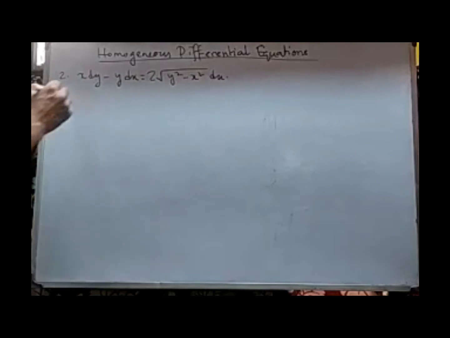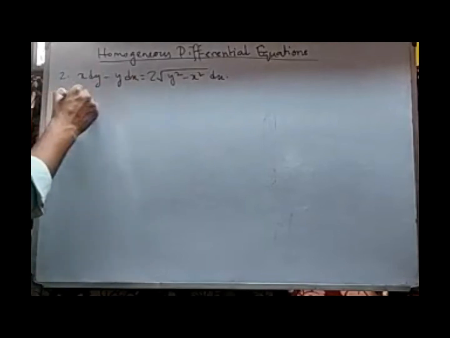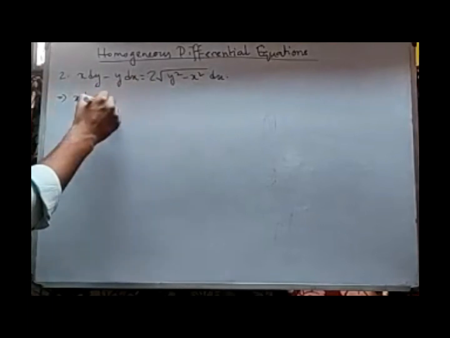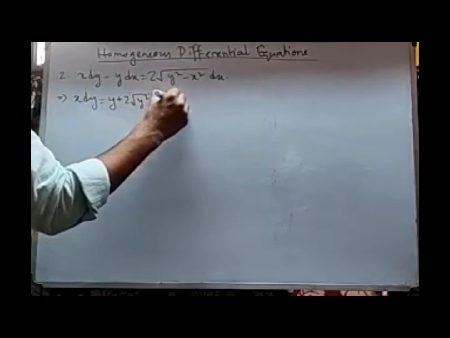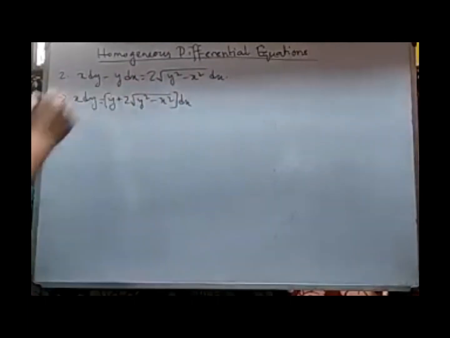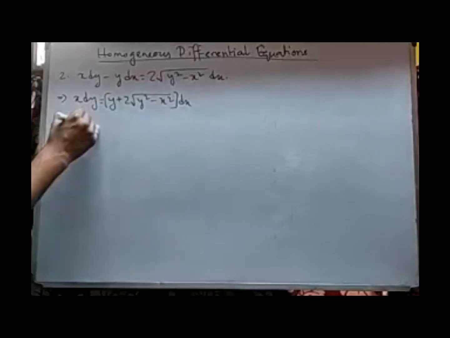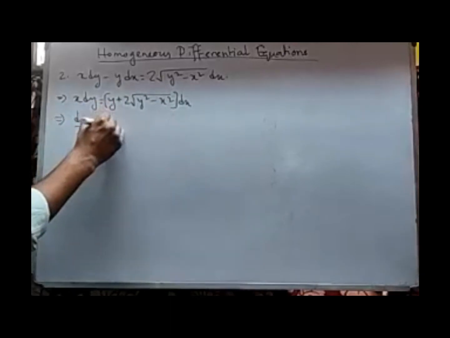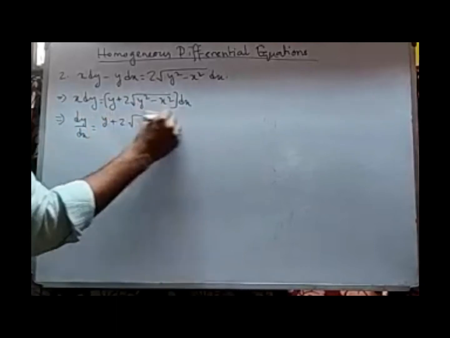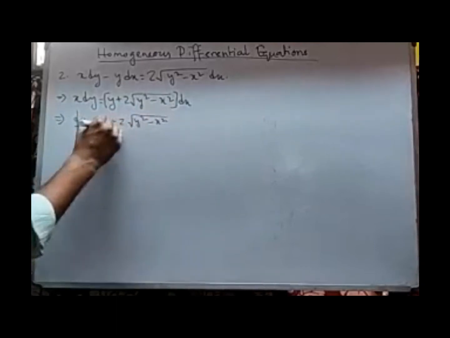So first of all, the same thing, try to convert into that form, dy by dx equals to f of x, y. So for that we are taking dx on one side, so y plus 2 root over of y square minus x square whole into dx. This we can write, and then you are changing sides of dx. So dy by dx equals to this thing divided by x, so y plus 2 square root of y square minus x square whole divided by x.